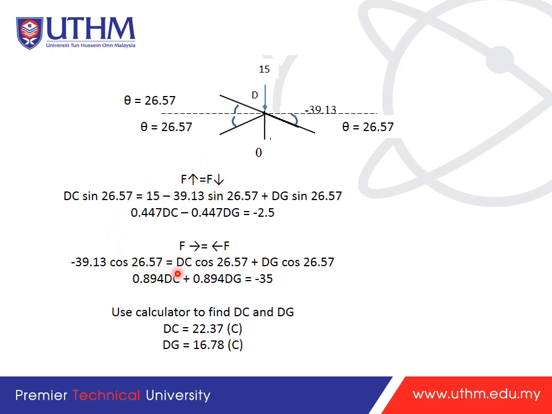If we apply the equations of equilibrium, we can get these two values. So we will have two unknown member forces in DC and DG. For Fx also we will get two unknown member forces, members DC and DG. So how to solve it?